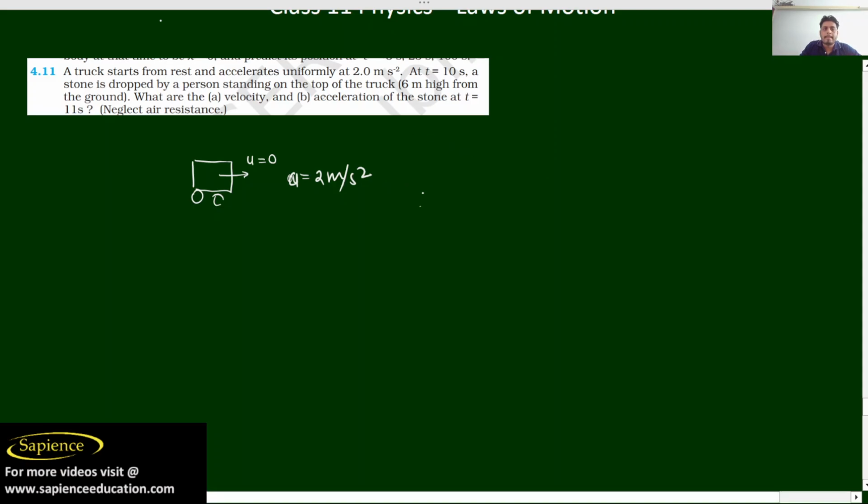Now at time equal to 10 seconds, a stone is dropped by a person standing on the top of the truck. So what happens when the truck is moving at time t equal to 10 seconds, a stone has been dropped from here.